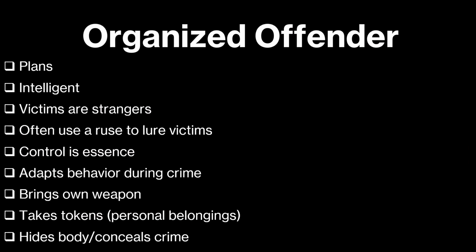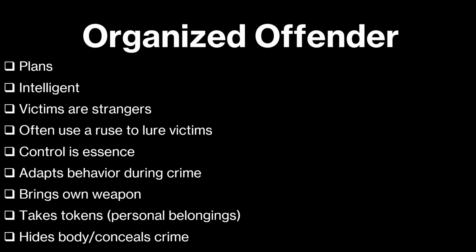The first typology is known as the organized offender. The organized offender is one who is highly intelligent, who plans the murder, who often uses a lure or a ruse to get the victim to come with them.